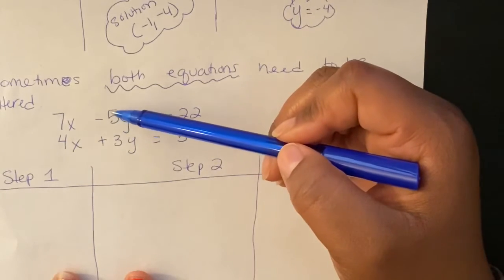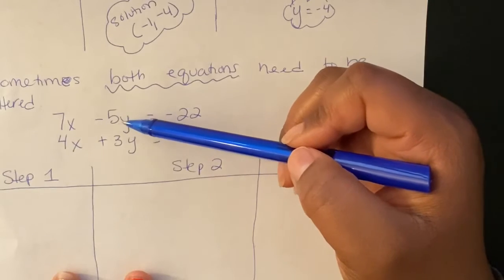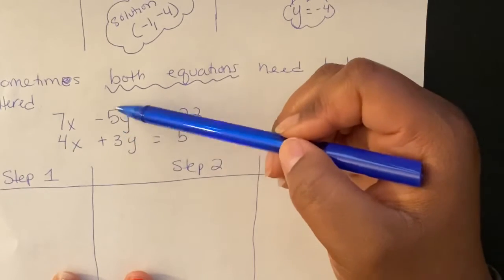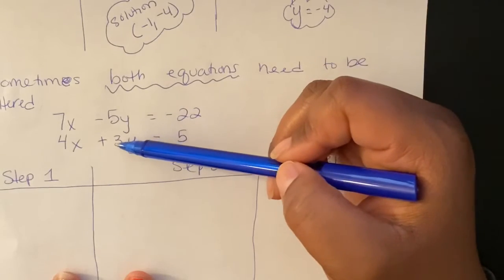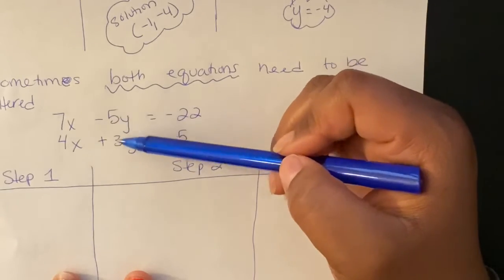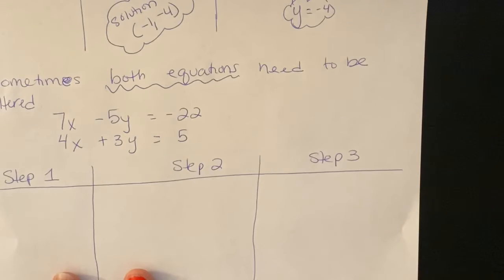Or I can make a negative 5y and a 3y both 15s, by multiplying the negative 5 by 3 and the positive 3 by 5. So you just have to look and decide what you can multiply, one or both of the equations by, to cancel out a variable. Okay.